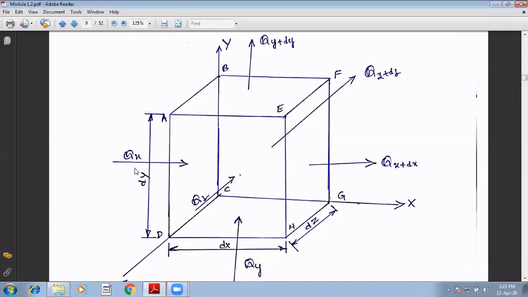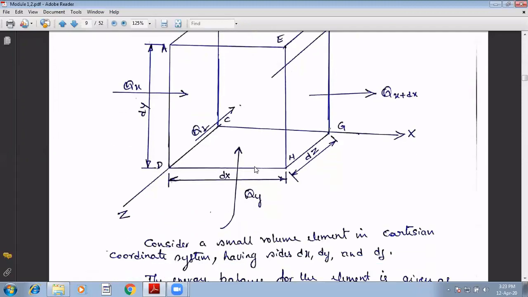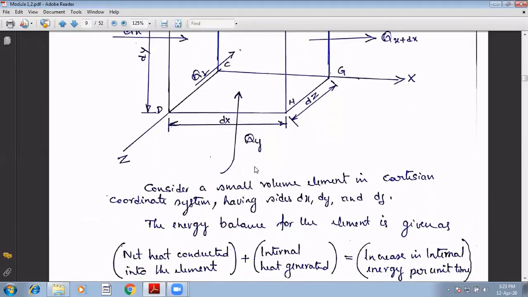It is qx, which is the influx, and qx plus dx, which is the efflux. The difference between influx and efflux in the x direction gives the net heat conducted in the x direction. Similar is the case with the y and z directions. Let us see how to do it.